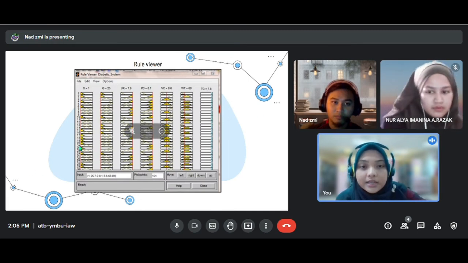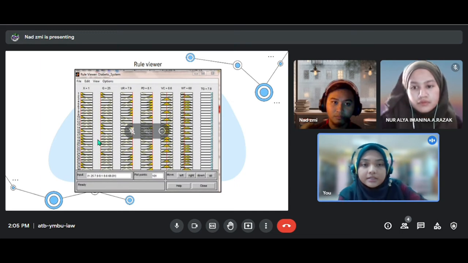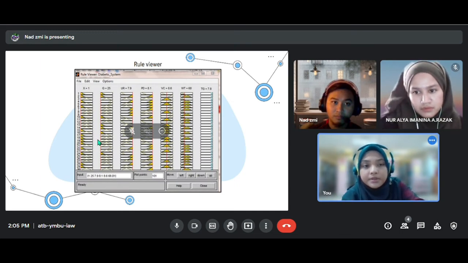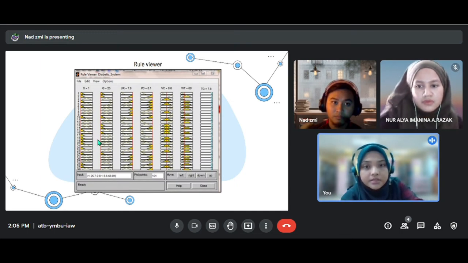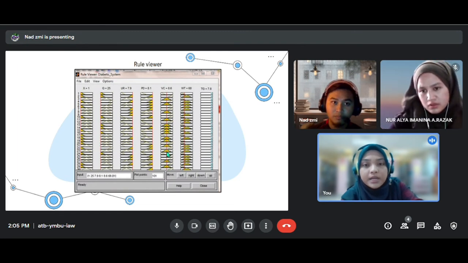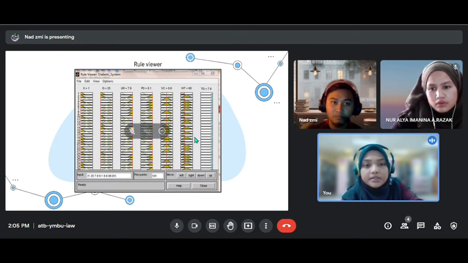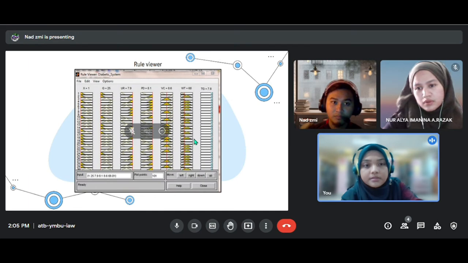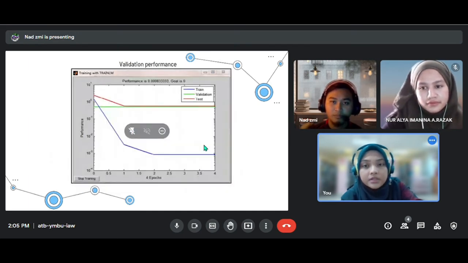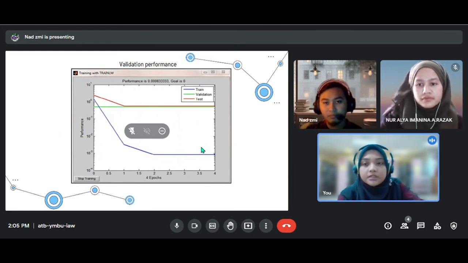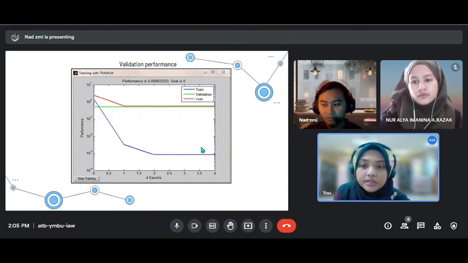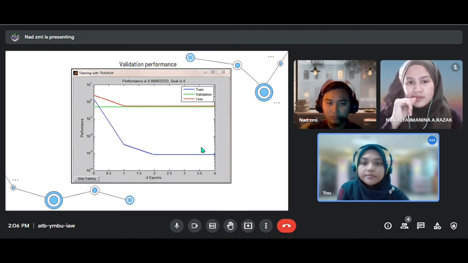The yellow color in the figure represents the patient's symptoms, while the blue color represents the diagnosis. Next. Okay, this is a validation performance, the result of the diagnosis. Next.